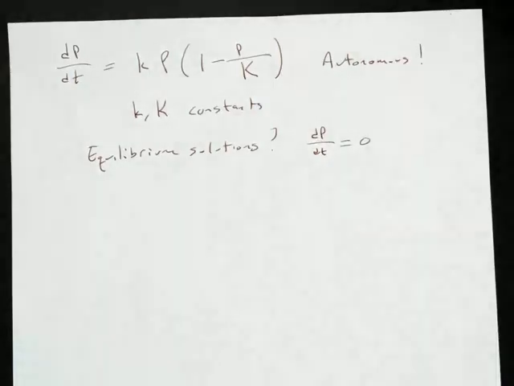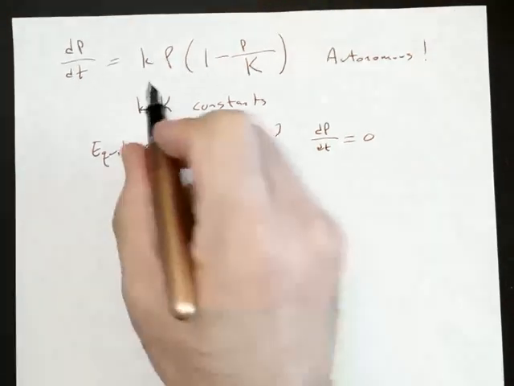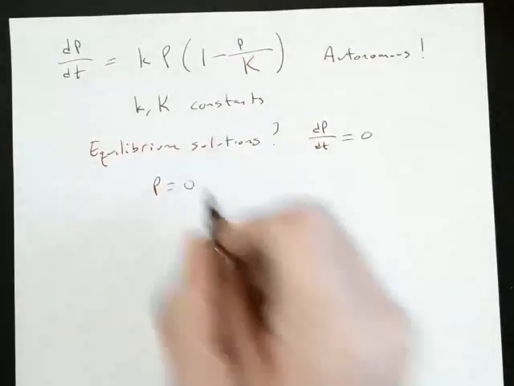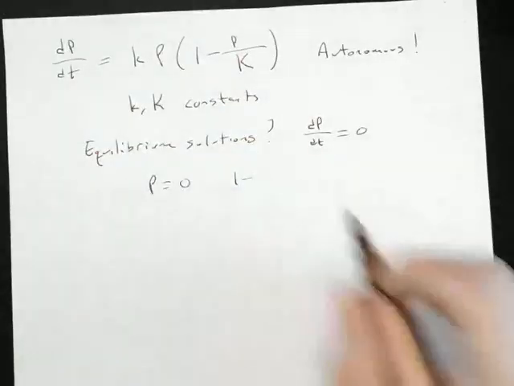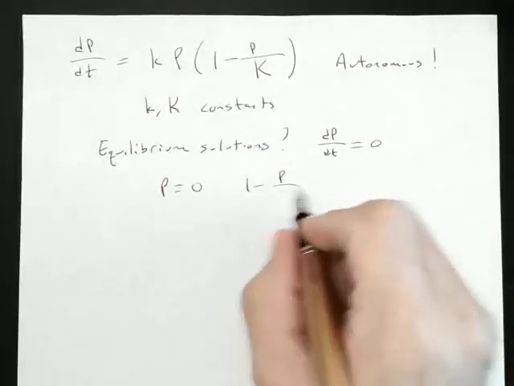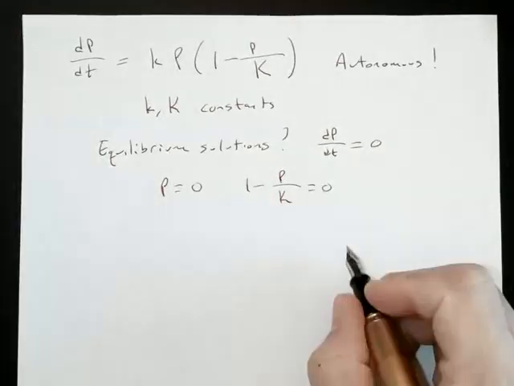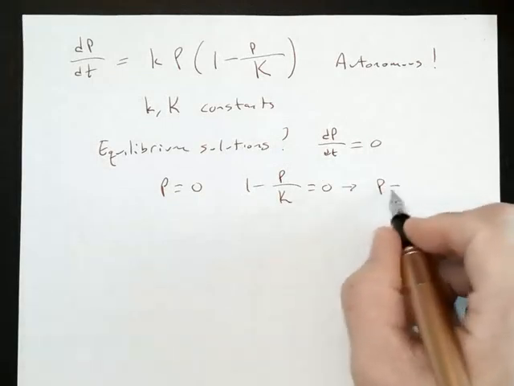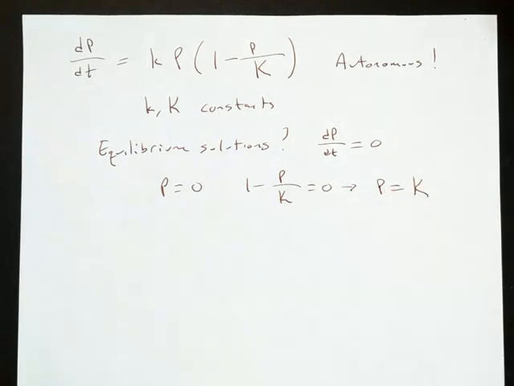So all I have to do is set that equation up there to 0, and I notice that happens in exactly 2 places. K is a number, it's not 0. P could be 0. Or 1 minus P over capital K could be equal to 0. Oh, wait a minute. That happens when P is equal to K. So I have 2 equilibrium solutions, 0 and K.